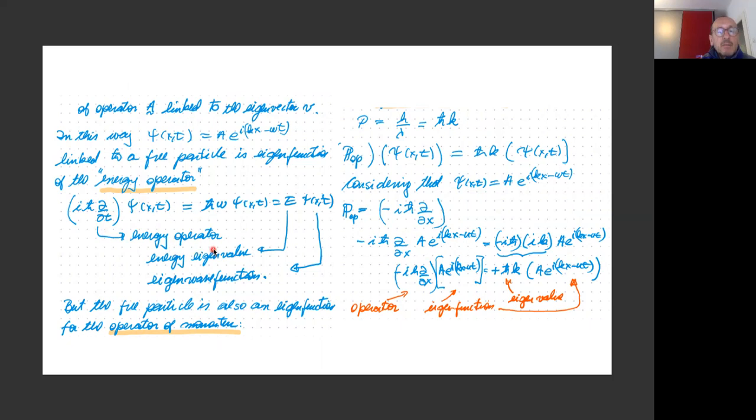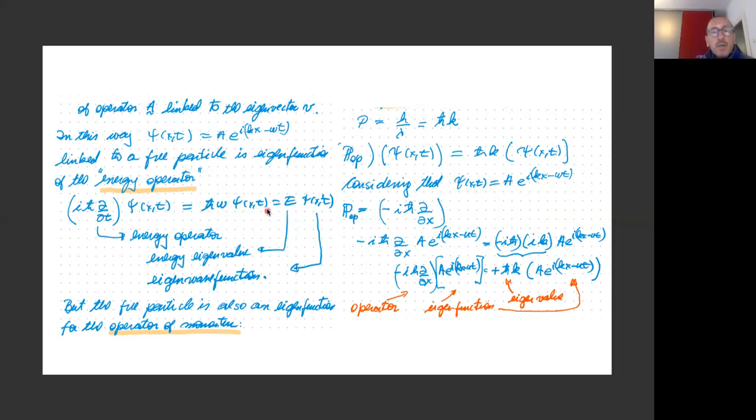And I'm telling you that this thing is an energy operator. Why is it an energy operator? Because i times h bar times the first derivative with respect to time of the wave function is an energy operator: when it operates over phi, when phi is the free particle, it gives the energy h bar omega times phi.